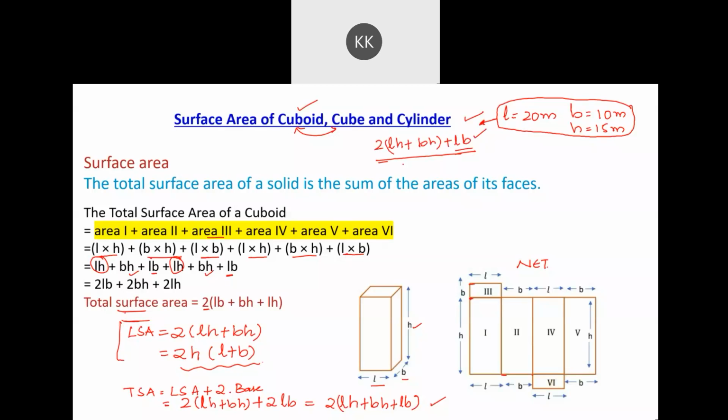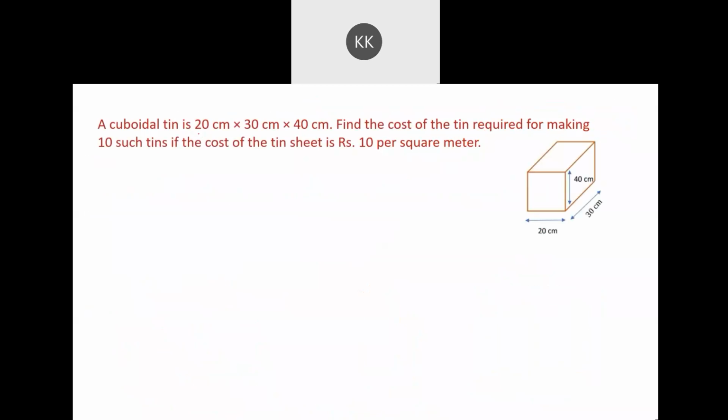Now you look at this question. A cuboidal tin is there having dimensions 20 centimeter into 30 centimeter into 40 centimeter. Find the cost of the tin required for making 10 such tins if the cost of the tin sheet is rupees 10 per square meter.